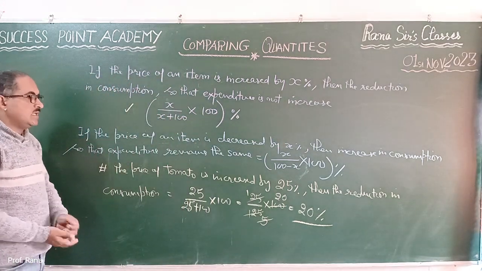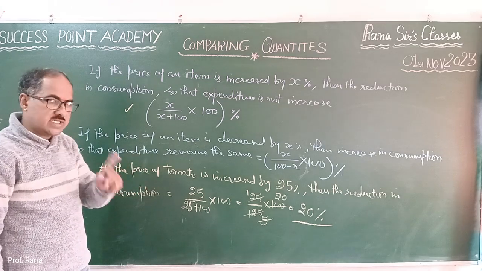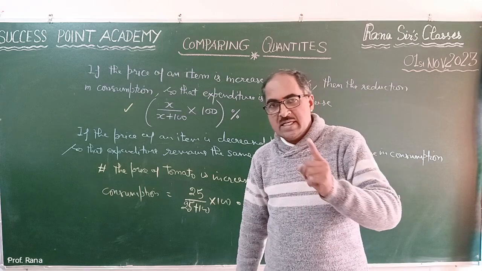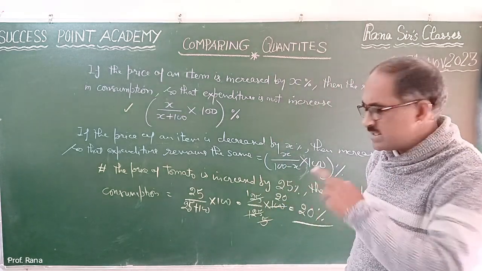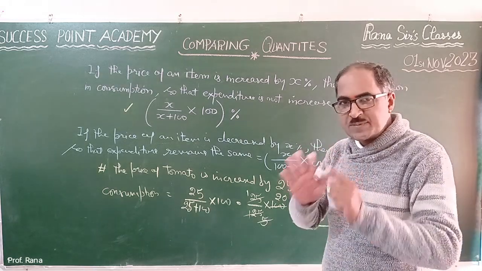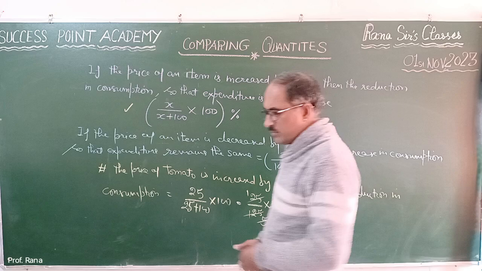If the price of tomato is increased by 25%, then there should be a 20% decrease in consumption, so that our expenditure is not affected. This is the simple formula.